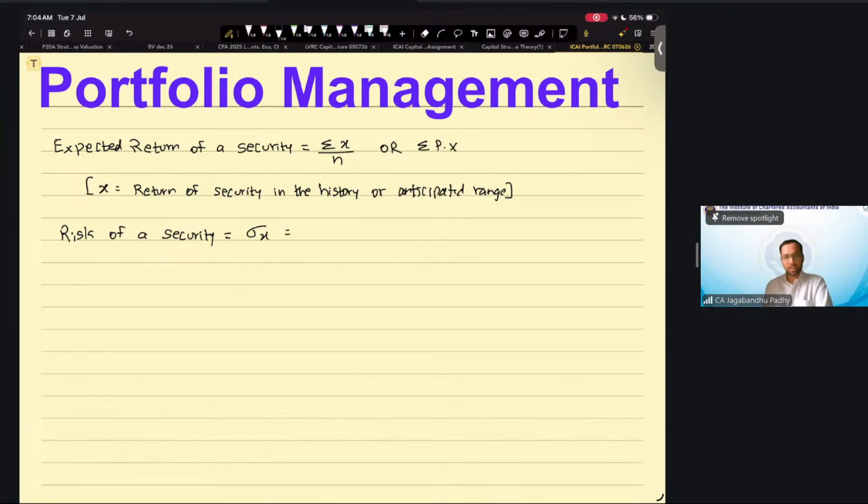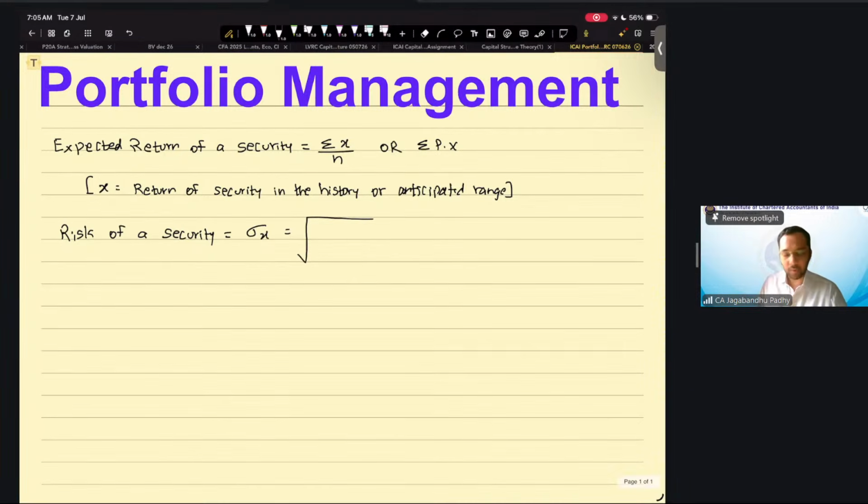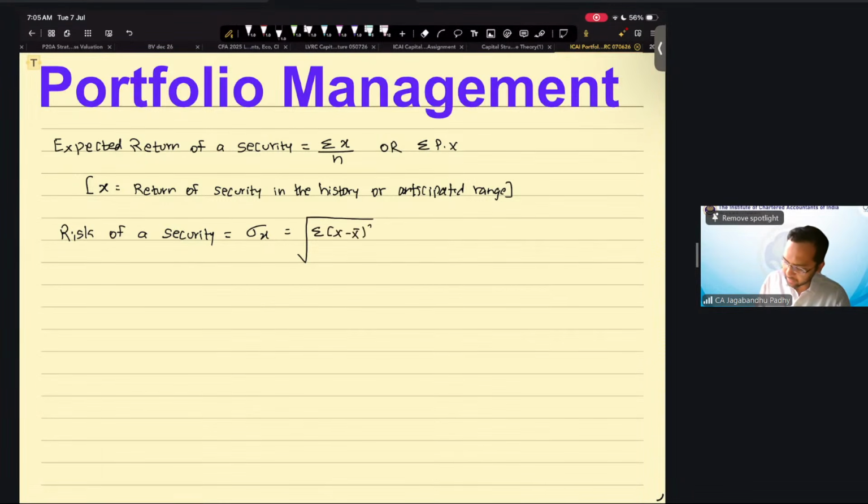Standard deviation of the security is calculated as square root of summation of x minus x bar square upon n, or if it is a probability based scenario, then it is going to be square root of summation probability into x minus x bar square. Okay, the risk of a security is going to be square root of summation x minus x bar square the whole upon n, or summation of probability into x minus x bar square.